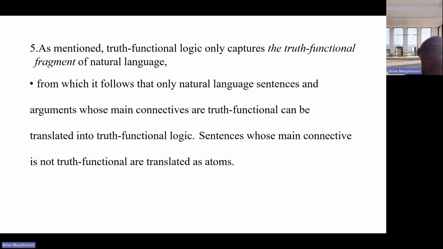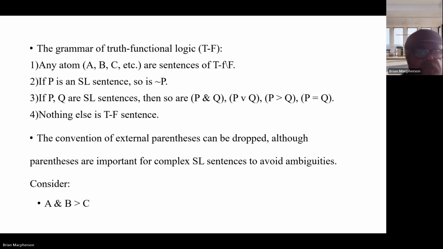Sentences whose main connective is not truth functional are translated as atomic. So if I say, I believe that it is raining, you would just translate that as A. Or it is necessary that 2 plus 2 equals 4, you just translate that as A. So the non-truth functional connectives are not translated in propositional logic. Only the truth functional connectives have a translation.